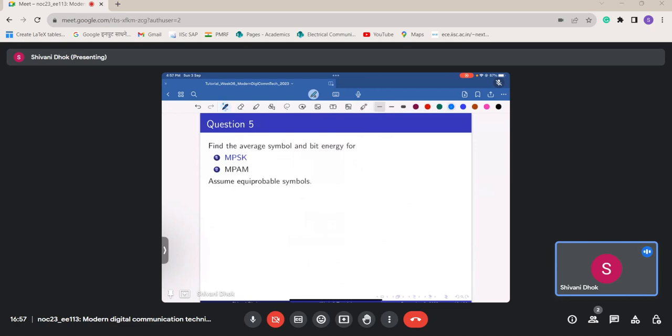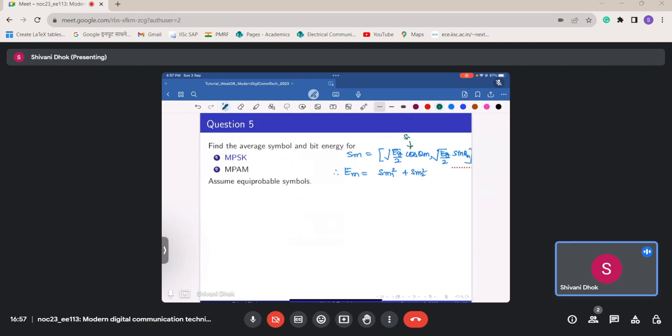And just now we saw that this Sm is equal to root Eg by 2 cos theta m and root Eg by 2 sin theta m, and therefore we know that this Em is basically Sm1 square plus Sm2 square.